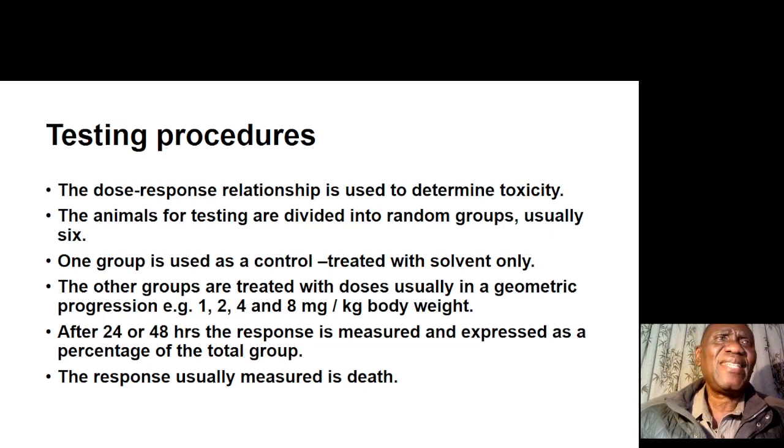Those animals in the control group receive 0 mg per kg body weight. They are not going to be given the pesticide. After 24 or 48 hours, the response is measured and expressed as a percentage of the total group. The response usually measured is death.